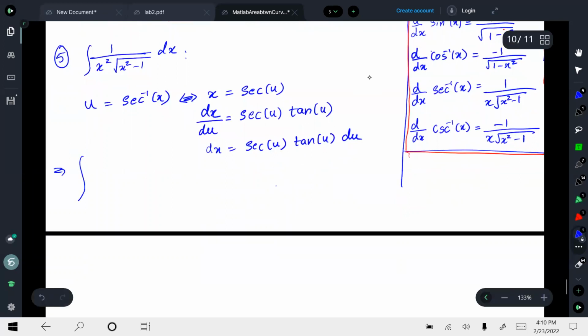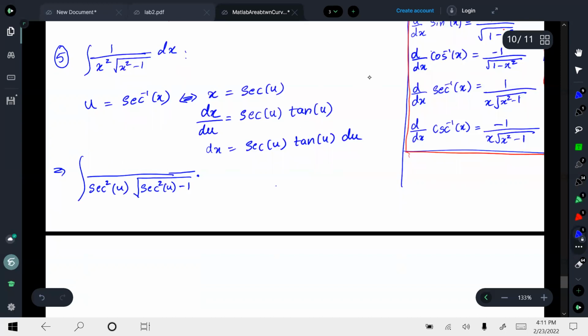Now, in the integral, I took x as secant of u, so u is secant inverse of x. So 1 divided by secant squared of u times the square root of secant squared of u minus 1, into dx.